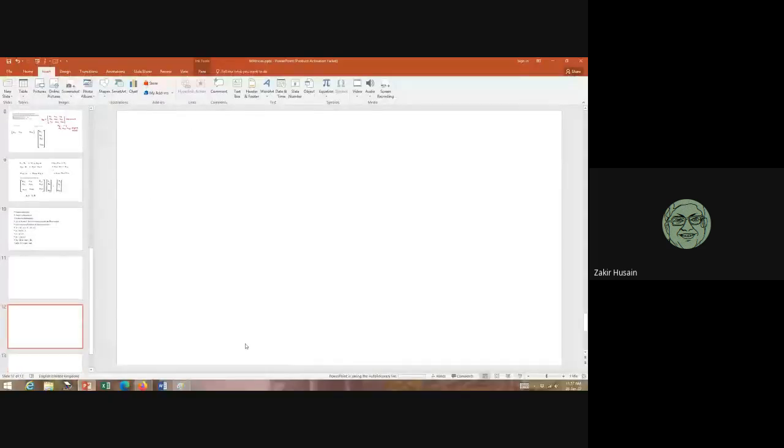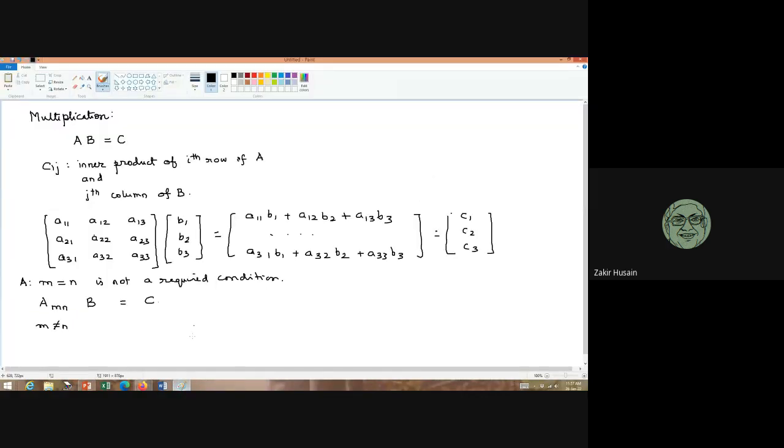Now, what I want to do is focus on matrix multiplication. In the equation system, we had written AB equal to C. What is C?